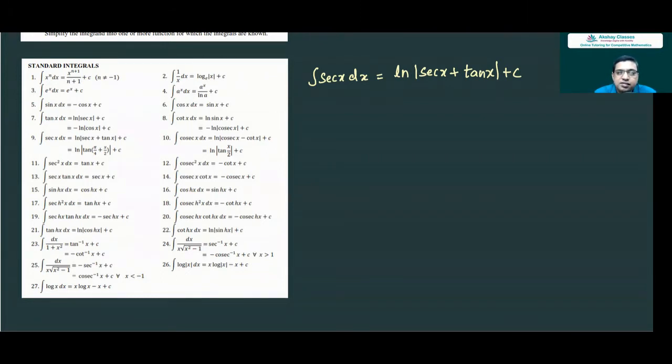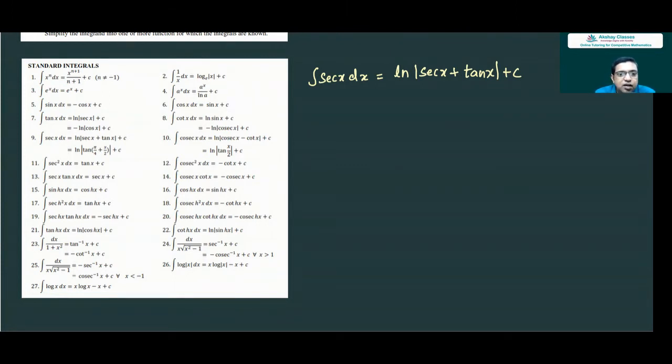When we simplify, we will get this. So either it is log modulus of secant x plus tan x, and by trigonometric simplifications, you will get log mod of tan of pi by 4 plus x by 2, plus c. This is a simple simplification. You can try this.